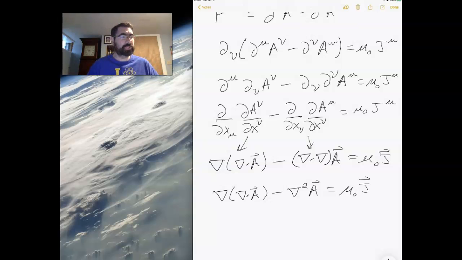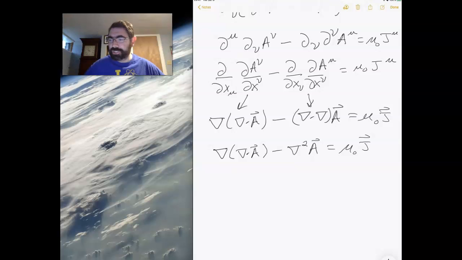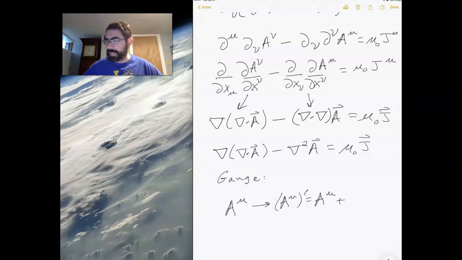If you remember, in order to clean up this second order differential equation, we applied a gauge. If you want to write the gauge in terms of tensor notation, we could write A mu goes to A mu prime, which is just A mu plus our gauge.